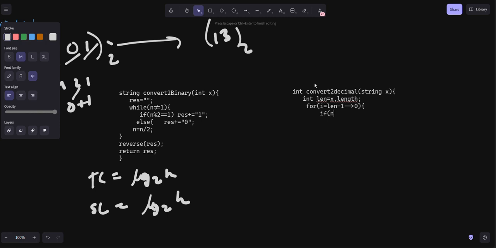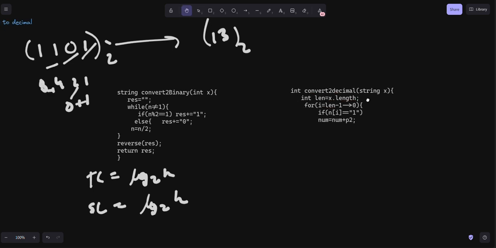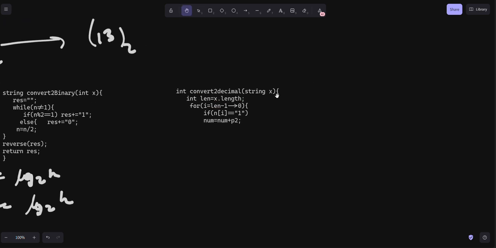So if x of i is equal to 1, we have to convert it into decimal. So if it is equal to 1, then you can just make your num plus p2. The logic behind this is that, let me show it to you as well.